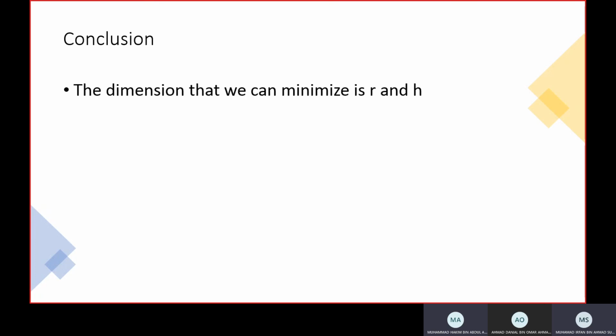The conclusion for this question is that the dimensions that minimize the material are r equal to 5.419 cm and h equal to 10.8 cm, and that's the end for this question.